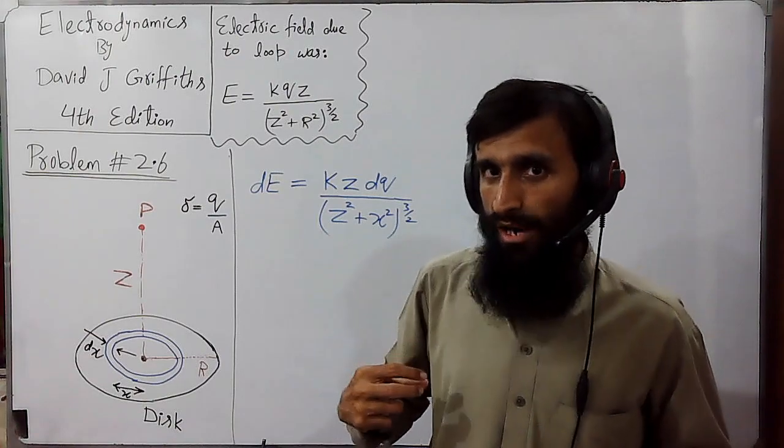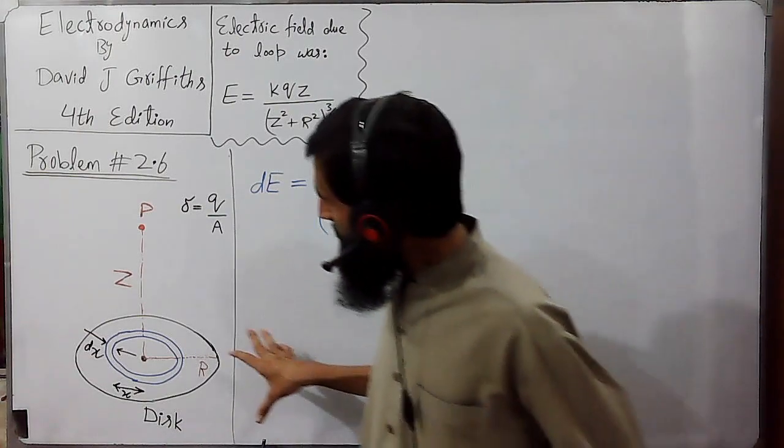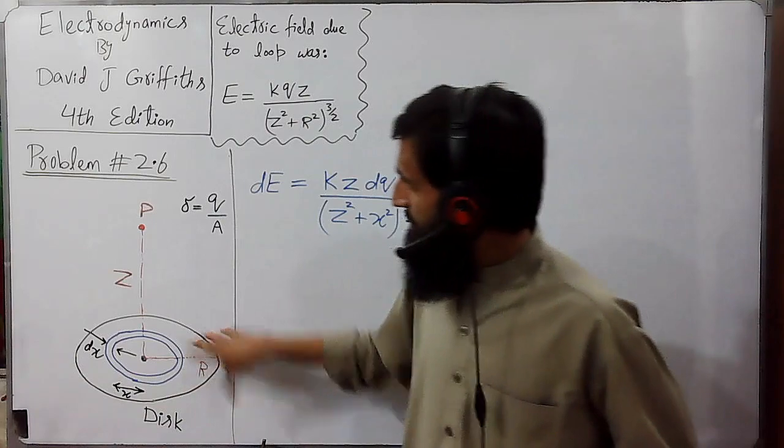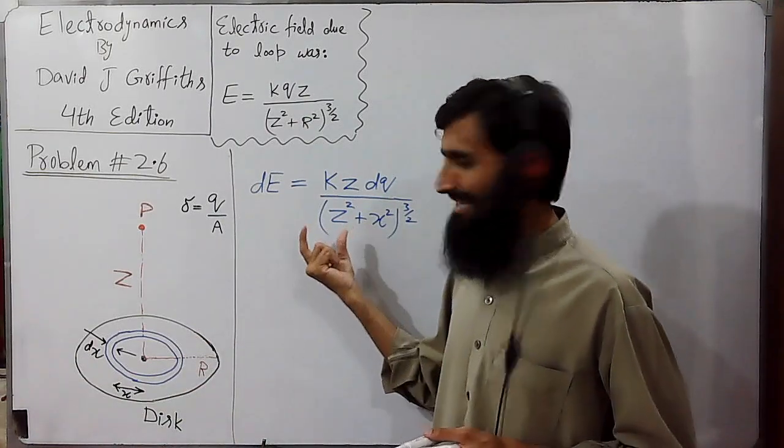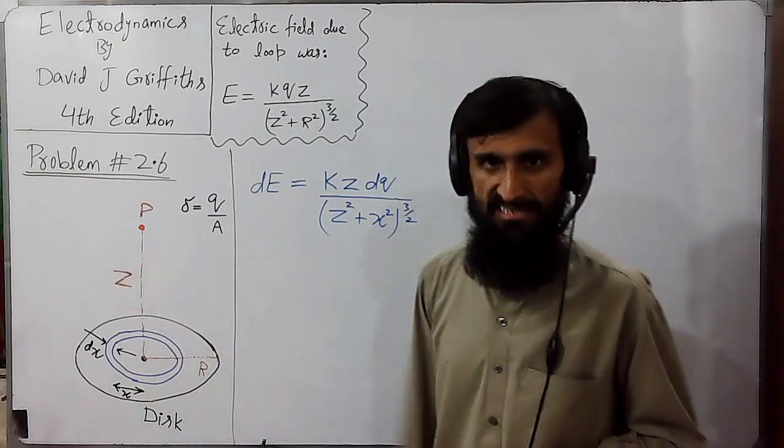Now we want to find the electric field due to this complete disk at the same point. For this purpose we will integrate that electric field across this complete disk.